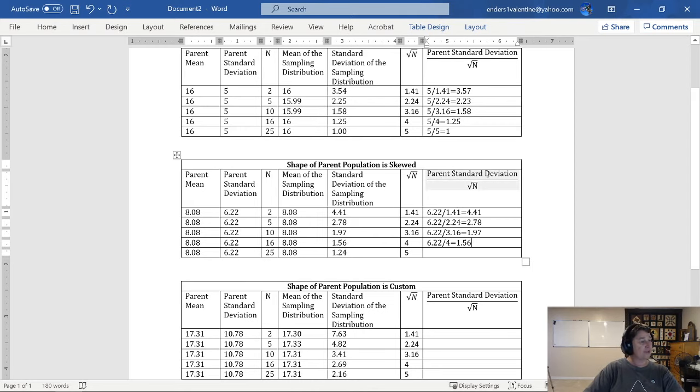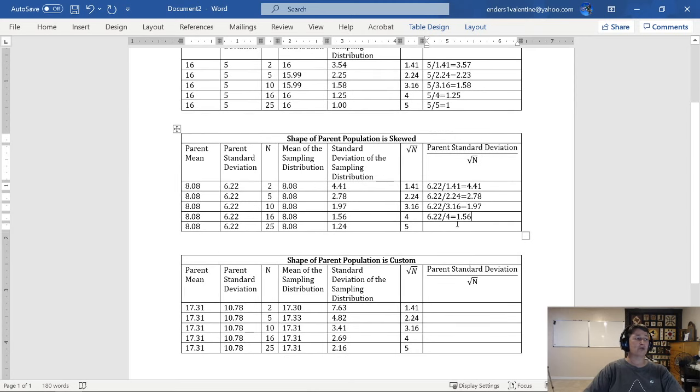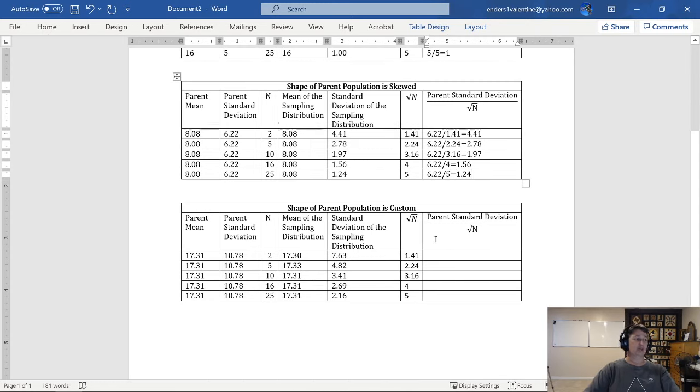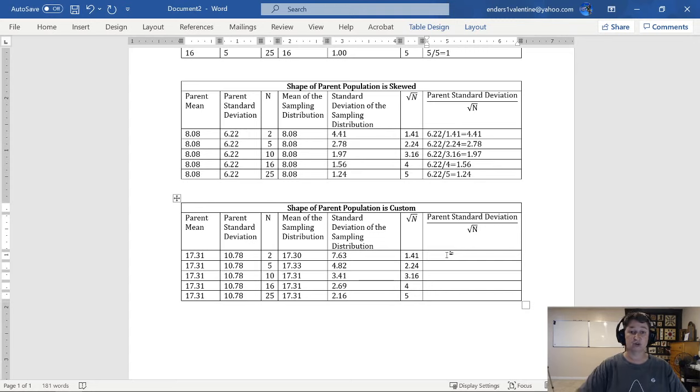So this parent standard deviation divided by the square root of my sample size ends up being equal to the standard deviation of the sampling distribution. So we have now discovered the central limit theorem. And the central limit theorem tells us these things.